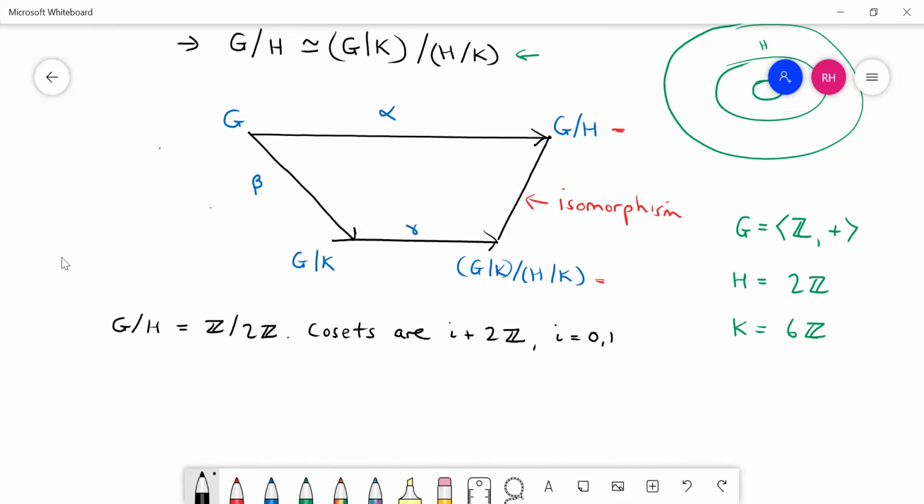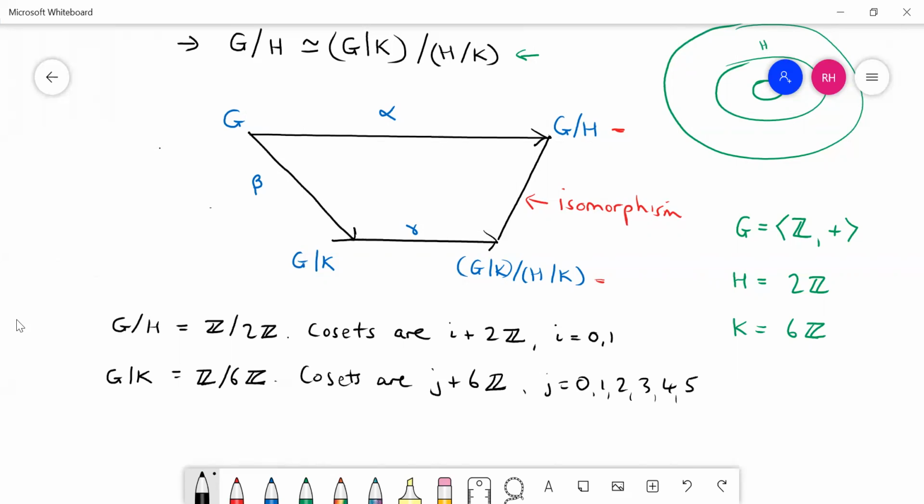So there are two cosets, with I equals 0 and I equals 1. Now let's do G quotient out by K, which is going to be similar in some ways because it's just Z quotient out by 6Z. So what are the cosets here? The cosets are J plus 6Z, and here J is equal to 0, 1, 2, 3, 4, 5. So that's our 6 cosets.